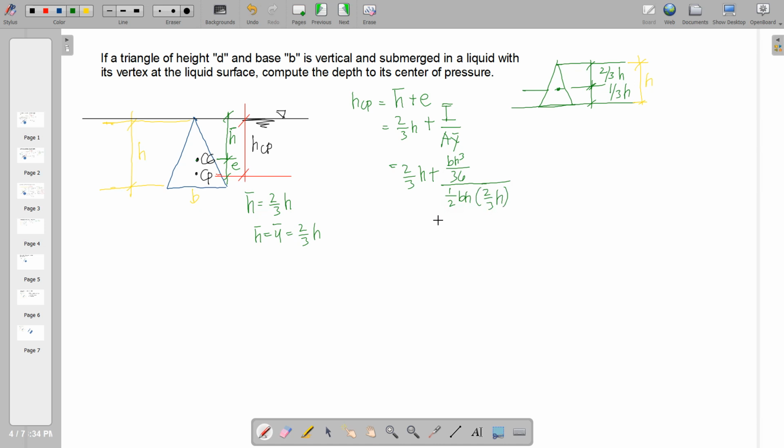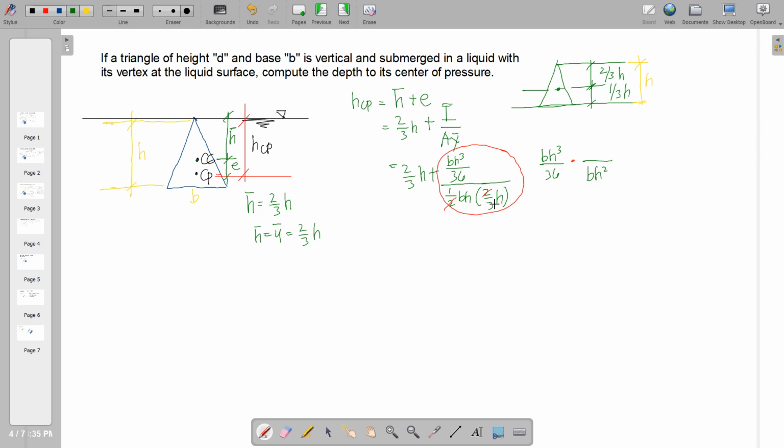So we place it here and perform the operations. So we first simplify this expression. We have B H cubed all over 36. On the denominator, we can just cancel this and then multiply the numerator by the reciprocal of this one. So B H times H, that is B H squared, will be reciprocated and transferred to the denominator. And that would yield B H squared.